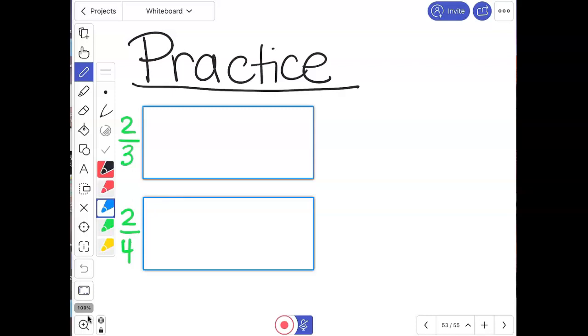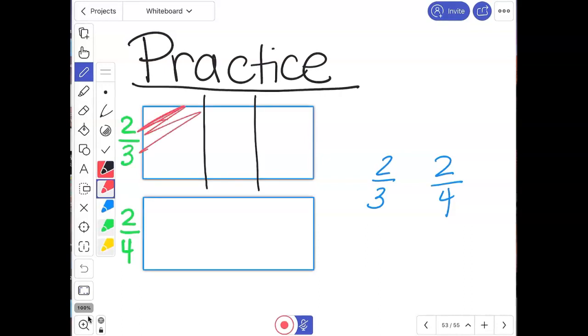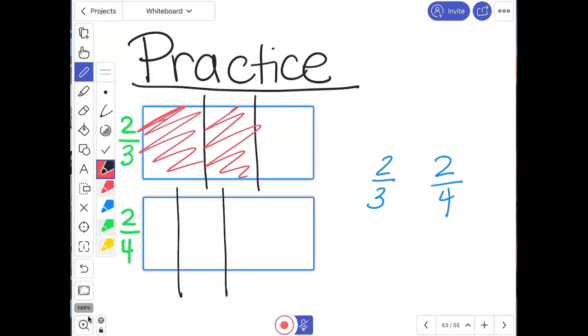2/3, 2/4. Now this time, I have the same numerator. So my instinct, the first thing I want to do is say, oh, 4 is greater than 3. But I know that's not true because if I break this one into thirds, and I shade 2 of them, 1, 2, and I break this one into fourths, and I shade that 1, 2.